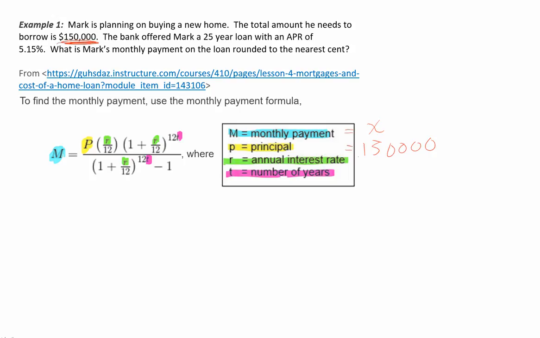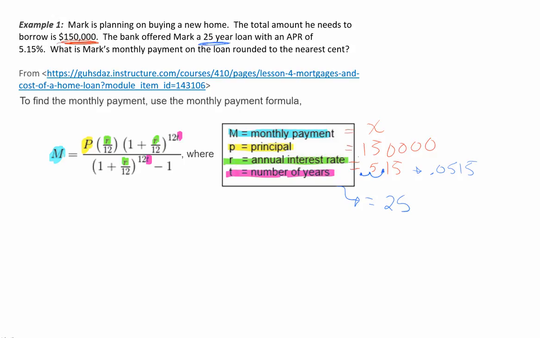Our interest rate, R, is going to equal 5.15, but we're going to need to move that decimal place over twice, so it turns into 0.0515. And then T is the time in years, which is 25 in this case.